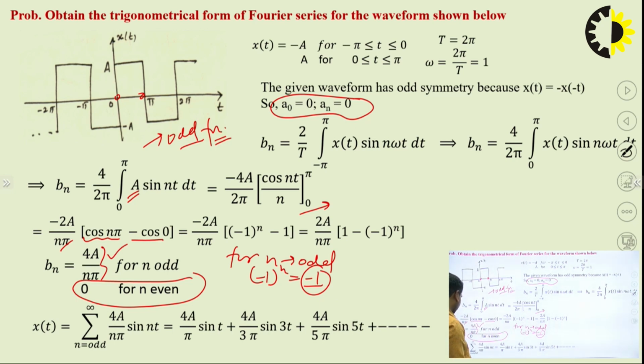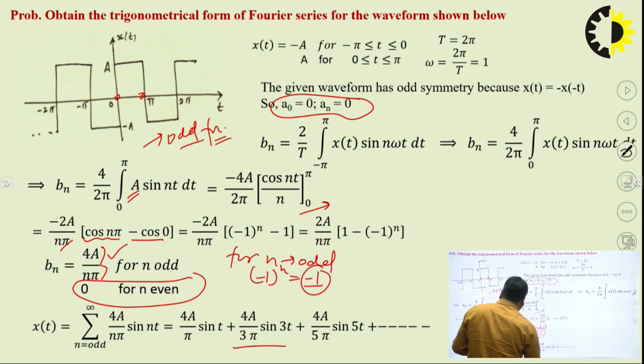In the expression of x(t), if you put the values n equal to 1, 2, 3, 4, 5, then it becomes 4A upon pi sin t and 4A upon 3 pi sin 3t, because for n equal to 2 the value of bn becomes 0, since n is even, and so on. That is the expression of x(t).